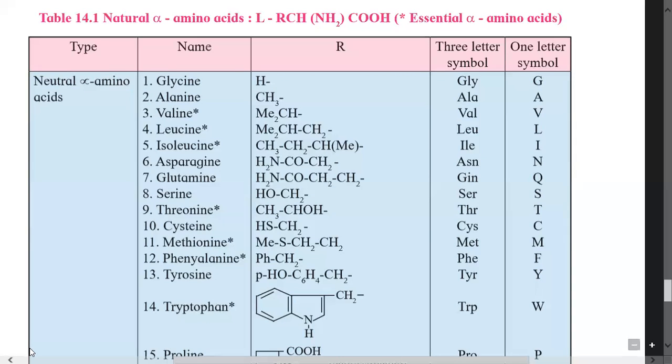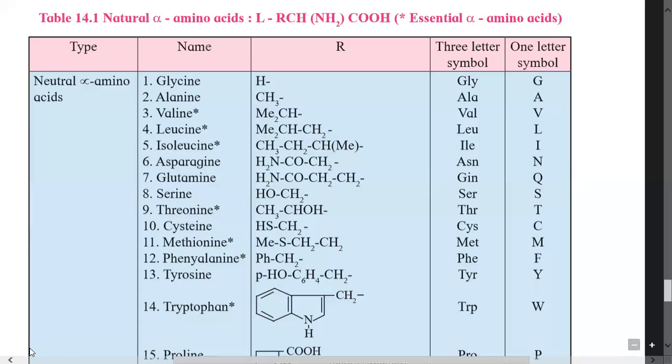The third example is valine. Here an asterisk is given, therefore it is an essential amino acid. The R group is Me2CH, which is an isopropyl group.